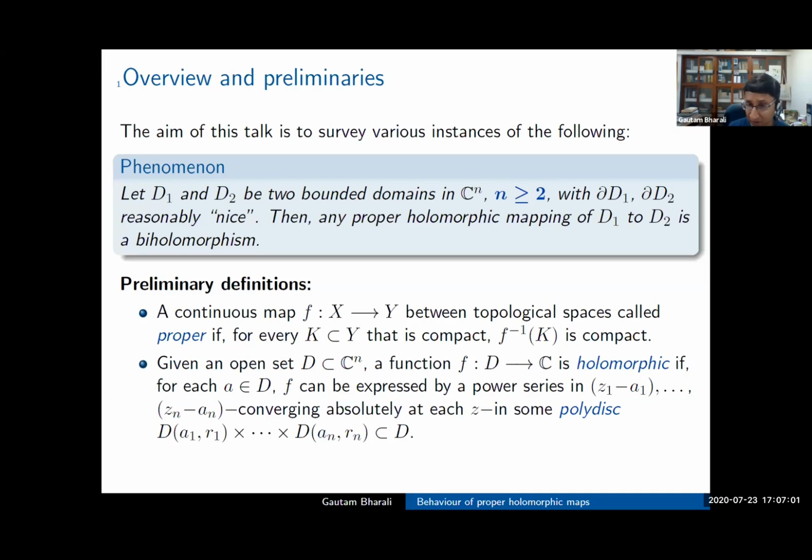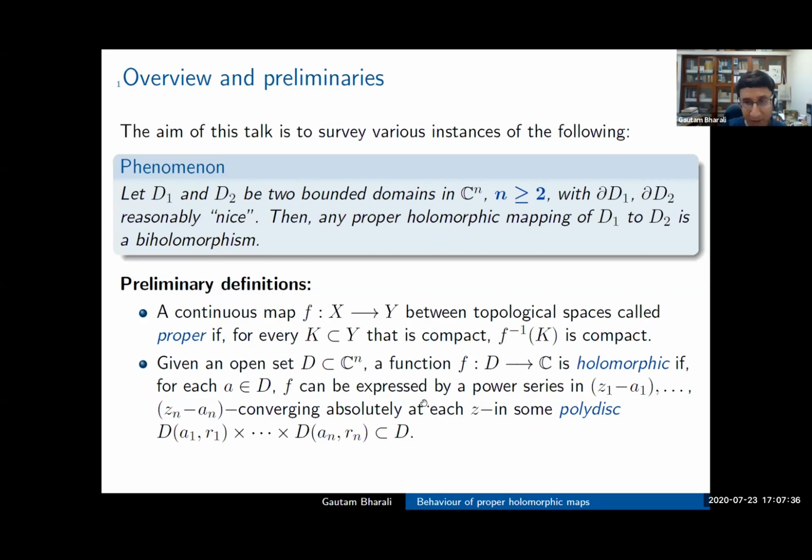So this is a Cartesian product of disks centered at the point A. And I should say something about the convergence. This power series is required to converge absolutely at each point, right? So nothing different. This is exactly as you would expect from the definition you all know in one variable, which is that locally, your function f is expressed as an absolutely convergent power series.